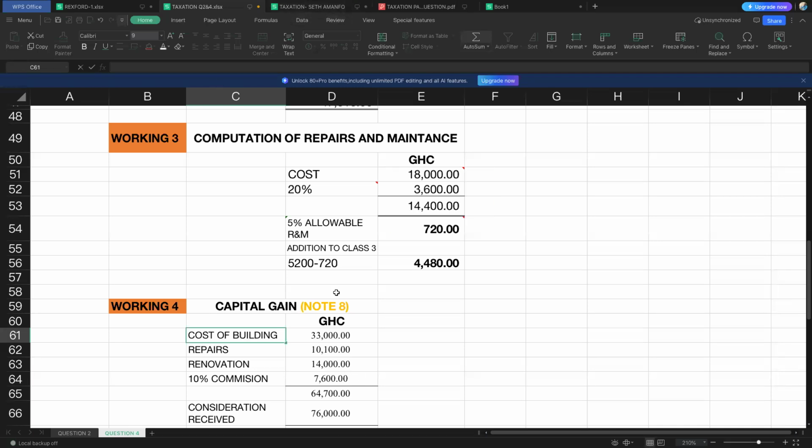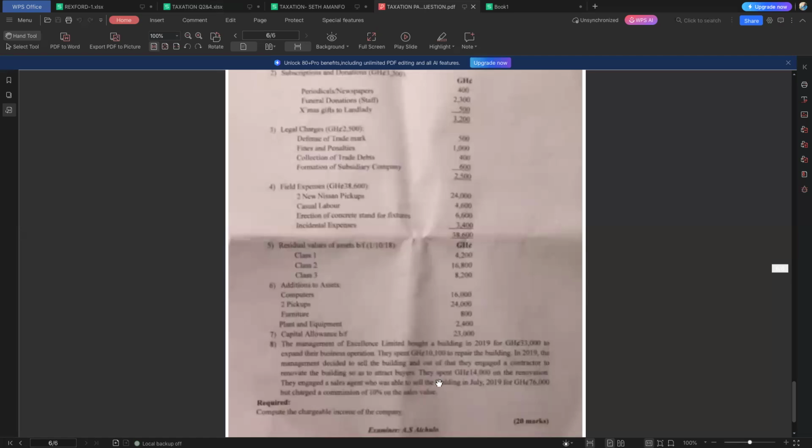Then we were told that they engaged a sales agent who was able to sell the building in July 2019 for 76,000, but charged a commission of 10%.